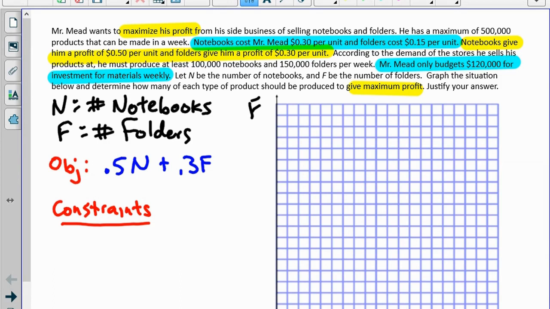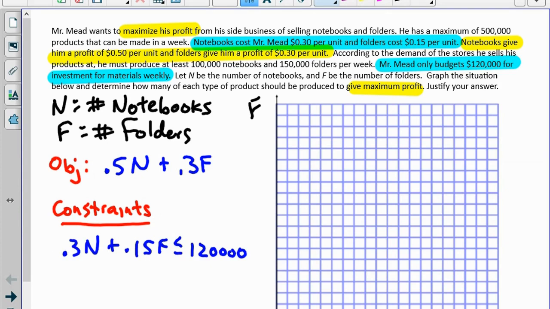So we are going to have to write a constraint for that. 30 cents for every notebook plus 15 cents for every folder, and that must be less than or equal to 120,000 for the week. So 0.3n plus 0.15f is less than or equal to 120,000.